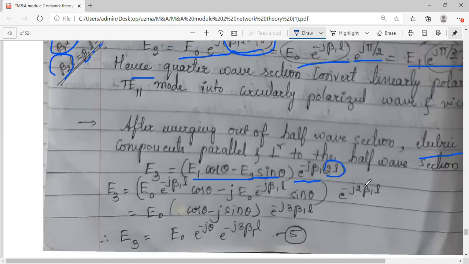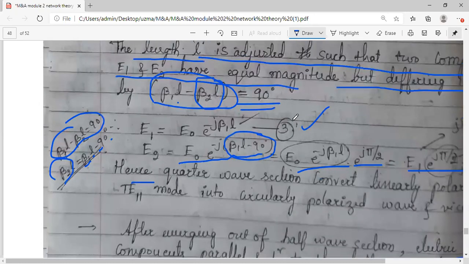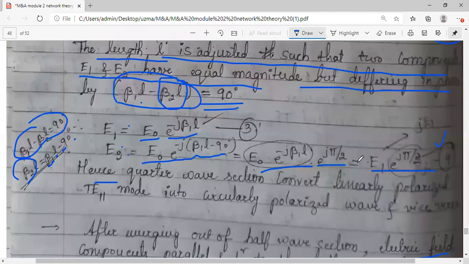Now further is simplification. What I have done is I have substituted for E1 and E2. From equations 3 and 4 you will get E1 and E2. E1 is, see equation 3, E naught e raised to j beta 1l. What is E2? E2 is E1 times this, or you can substitute this, that is better.